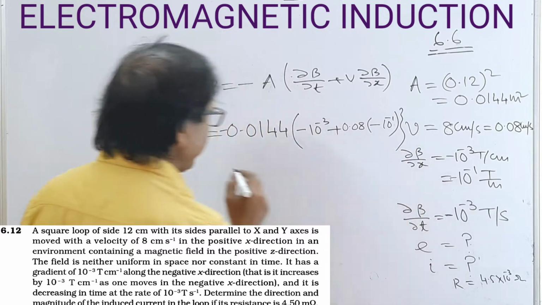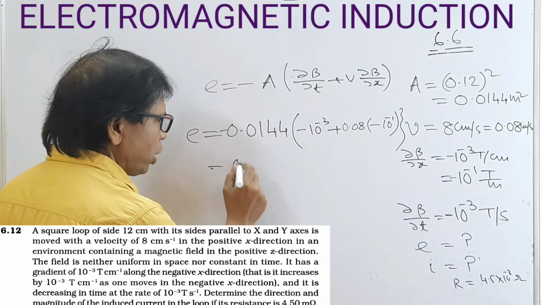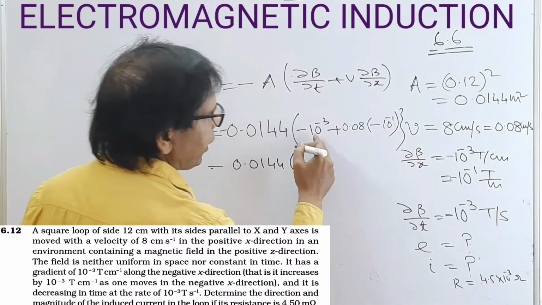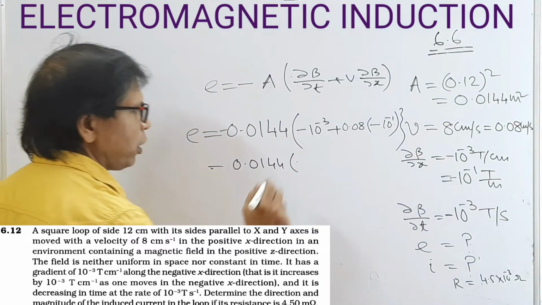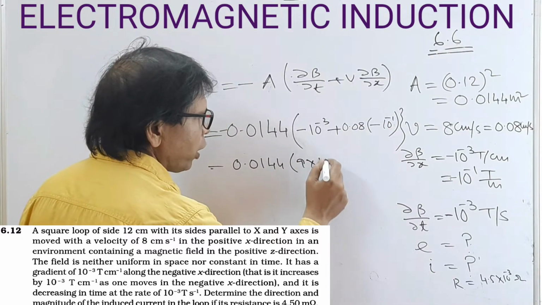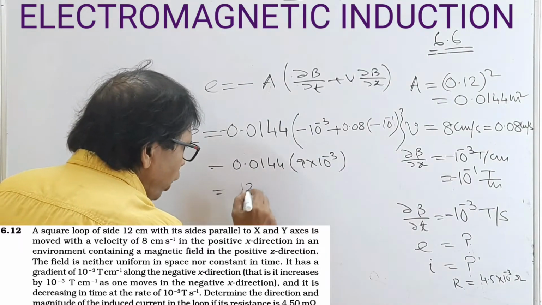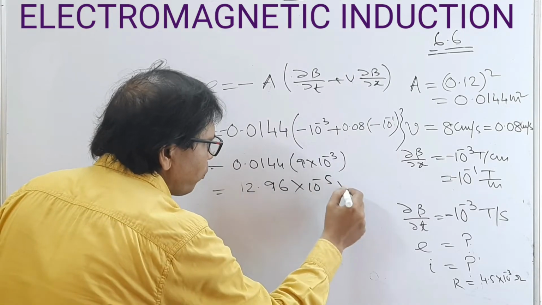Now this negative and negative, so positive. So this is 0.0144 into 10 to the power minus 3, and this is 8 into 10 to the power minus 3. So this is 9 into 10 to the power minus 3. So this is 12.96 into 10 to the power minus 5.